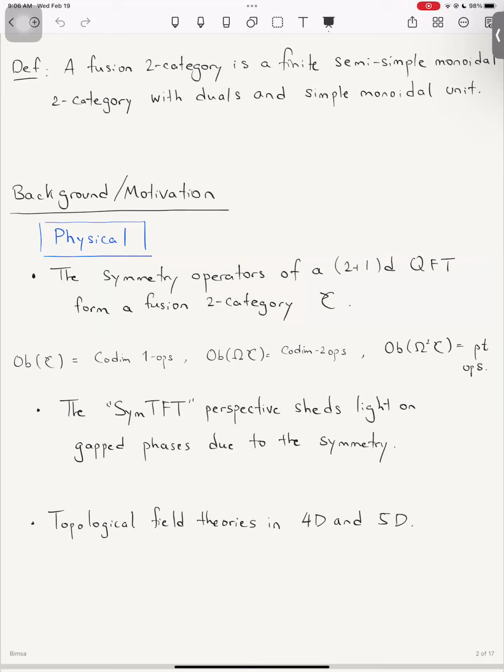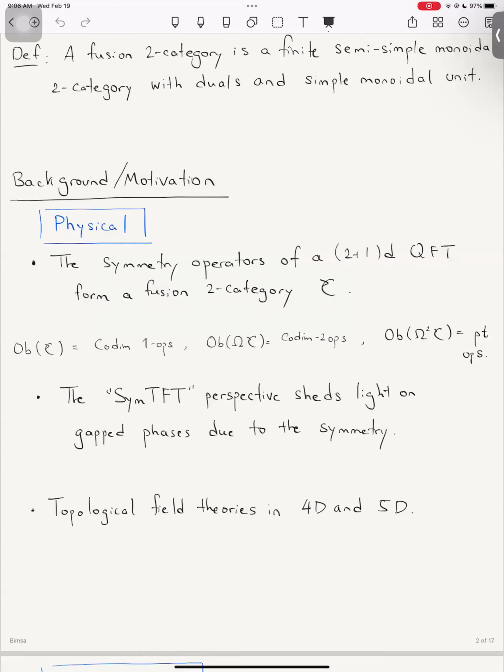This creates a quantum field theory from which you can study certain gapped phases of the boundary theory by looking at boundary conditions of this topological field theory. This perspective has been quite powerful lately, and we'll also see how this SymTFT plays a role in the classification as well.